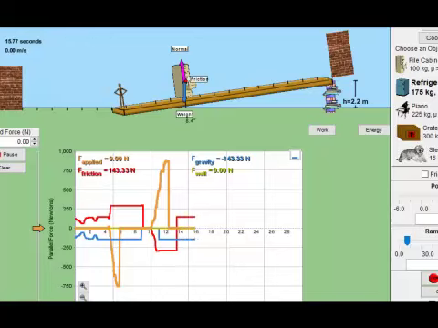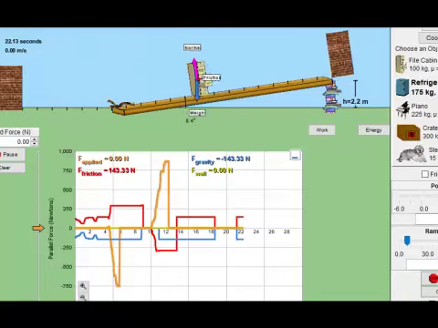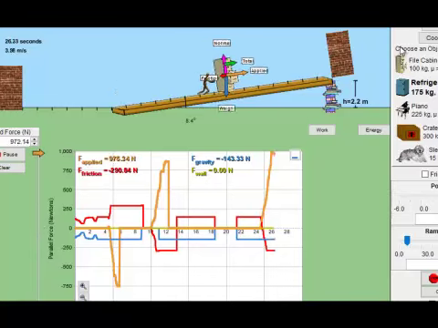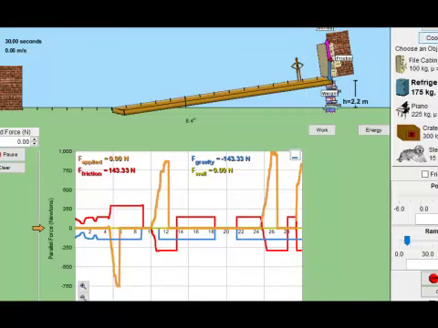Or I can change the position of the file cabinet and do this to the person. Or he can push it into the wall there, or maybe not. In any case, it just didn't work.